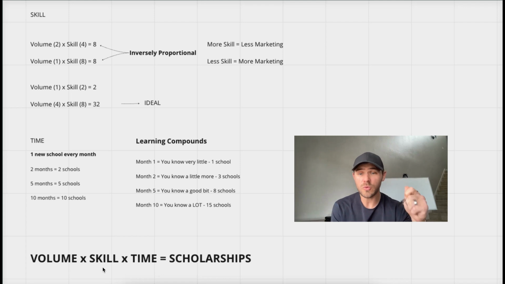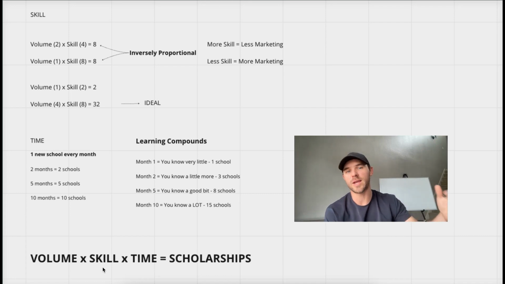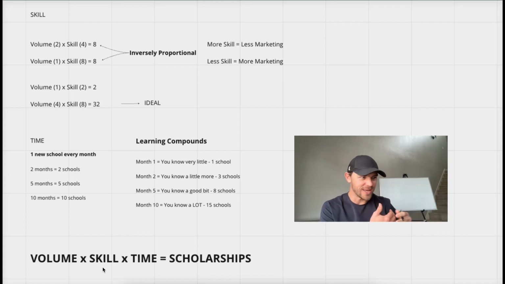Now, the hardest one to increase in this equation is skill. Skill is very difficult to increase, but here's the good news. Even if skill stays the same over a number of years, we can still get more interest and offers simply by increasing the amount of volume that we do, which is just effort, and the time that we manage it on. If we can increase that time horizon and give ourselves a longer period of time, then we can get more interest.